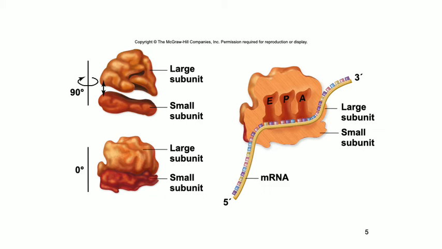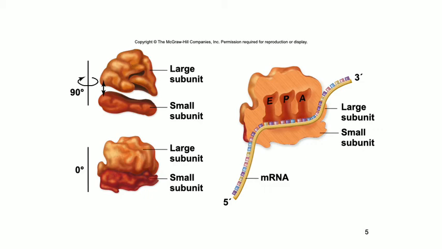When the ribosome is not working, it is separated into the 2 different subunits. When it comes together, it begins to function to make proteins. The way that the ribosome works is it holds the messenger RNA in between the small and the large subunit.